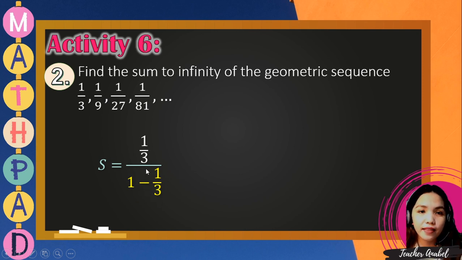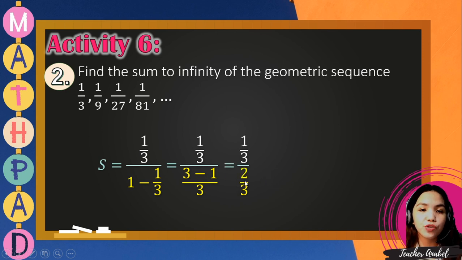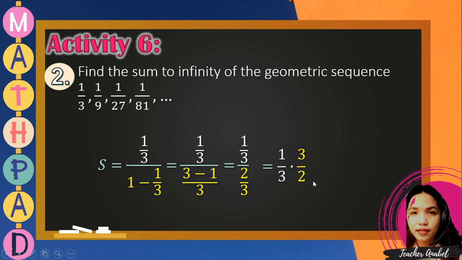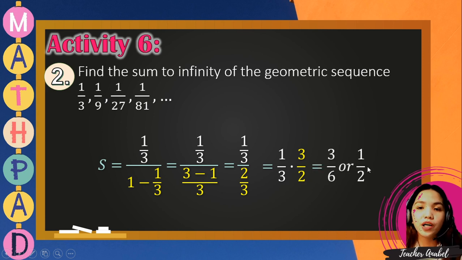Now, solve again the denominator. The LCD is 3. 3 times 1 is 3. 3 divided by 3 is 1 times 1 is 1. So, 3 minus 1 is equal to 2 over 3. And then we multiply the numerator, 1/3, by the reciprocal of the denominator, which is 3 over 2. So, 1 times 3 is 3, 3 times 2 is 6. So, 3 over 6, or in lowest terms, is 1/2.